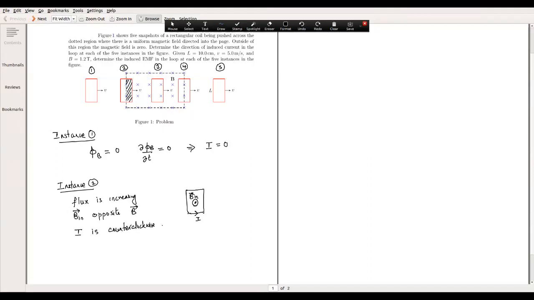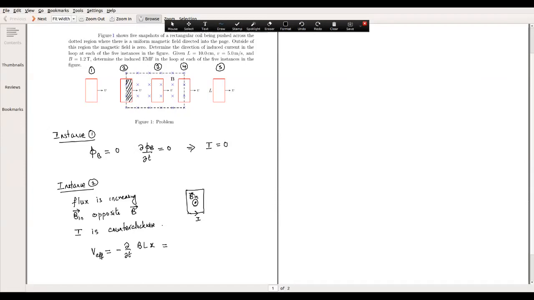What is the induced EMF, electromotive force, which is V effective? It is the derivative of the flux, which is B times A, which is B times L times X, where X is the length of the side of the loop that has gone into the field, and it is changing with time.